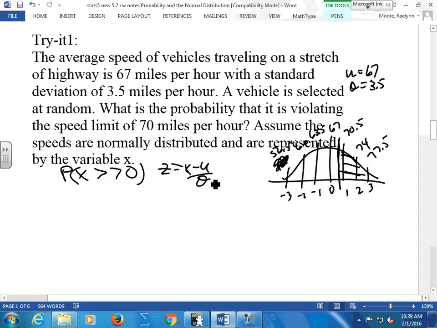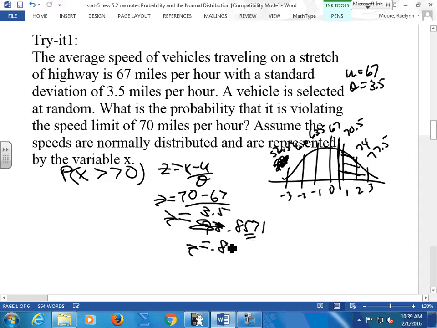I use my x minus my mean over my standard deviation. And what's my z-score turn out to be? 0.85? Thank you. So we're going to round this to 2 decimal positions, because if you use your table, that's what you're looking up.